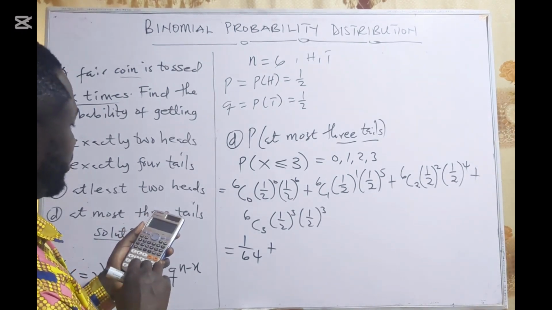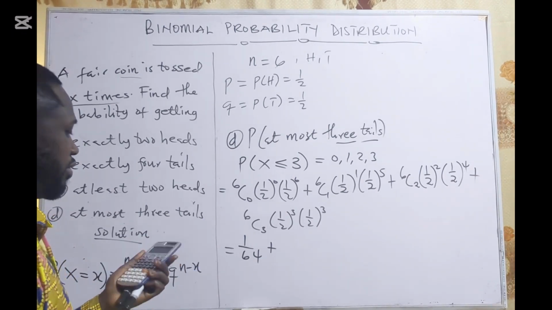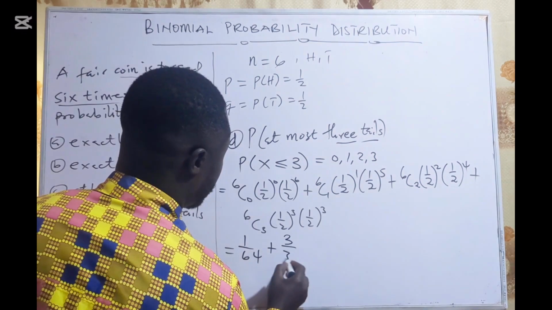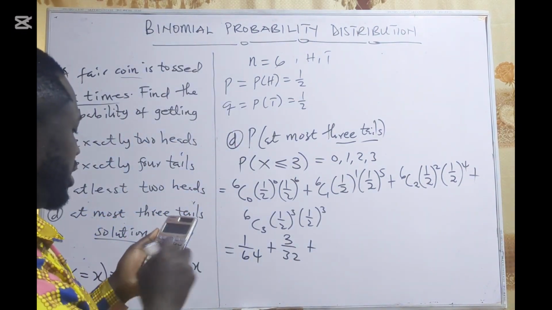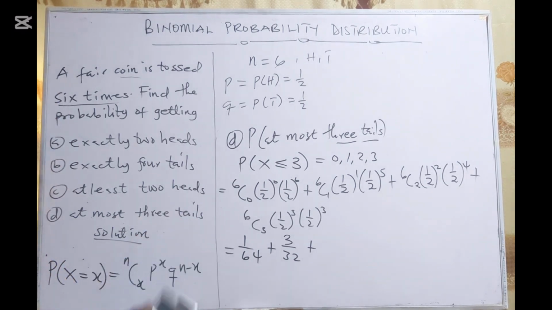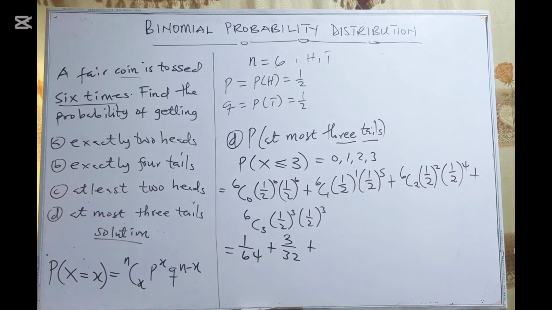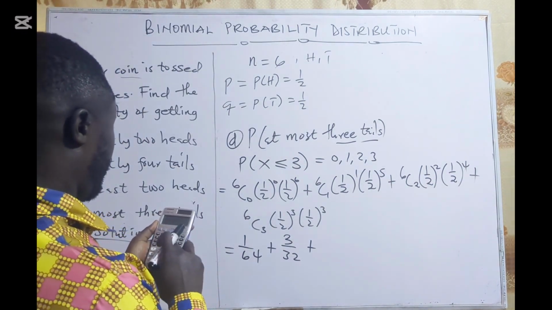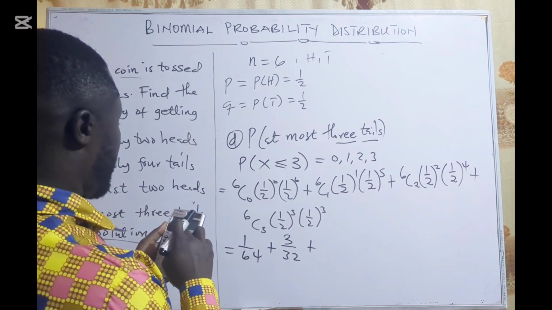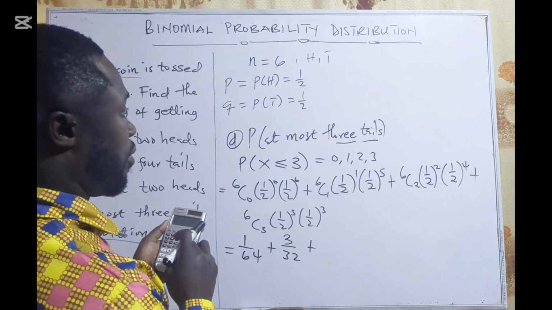Exponent 5. That will give us 3 on 32. Plus, then we come to 6 combination 2 times 1 over 2 exponent 2 times 1 over 2 exponent 4.